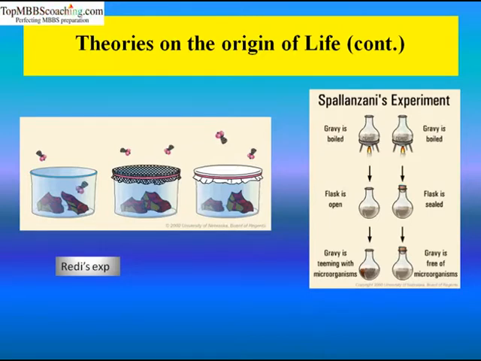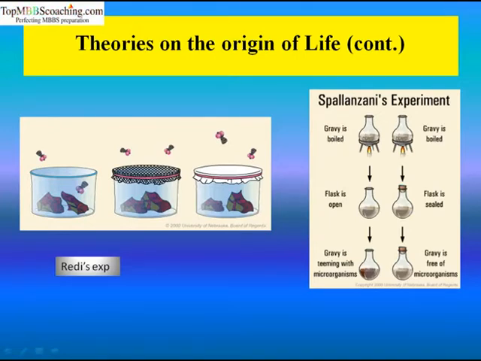Next experiment is Spallanzani's experiment. Lazzaro Spallanzani, also an Italian scientist, reviewed Redi's experimental design. He constructed his own experiment by placing broth in each of two separate bottles, boiling the broth in the bottles, then sealing one bottle and leaving the other open.